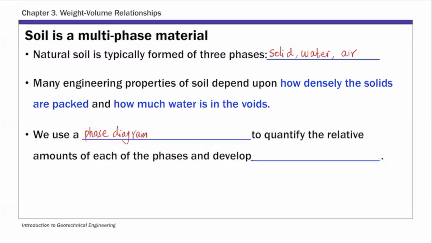In different textbooks, sometimes people call this a block diagram. They say the same thing. I'll explain what this diagram is. This is a tool we use to quantify the relative amounts of each phase and then develop the weight-volume relationship.